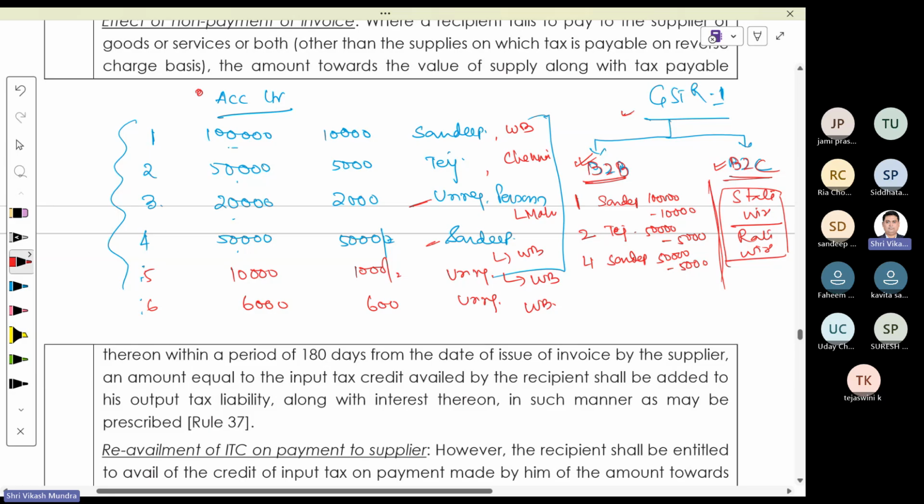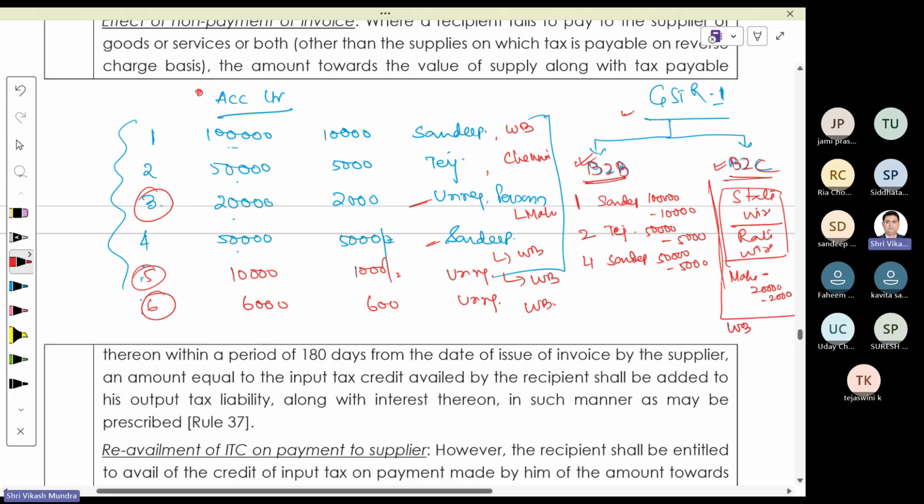In our example, there are 3 B2C transactions: invoice numbers 3, 5, and 6. Here, ACC will report, number 1, B2C transaction, Maharashtra, without mentioning the name of the person or the invoice number: Maharashtra, 20,000, 2,000 is the tax amount.